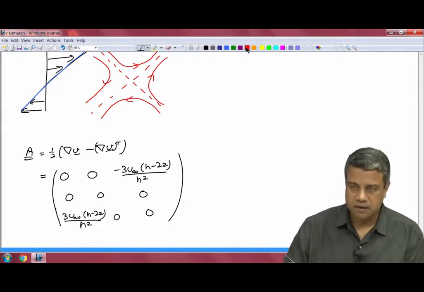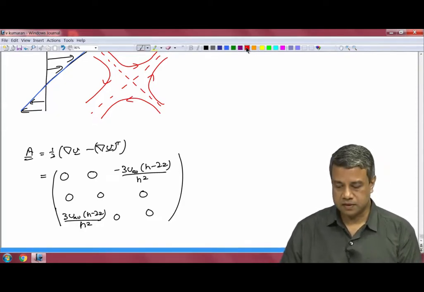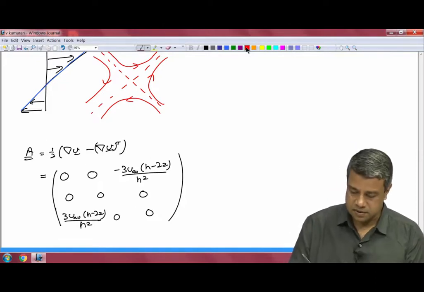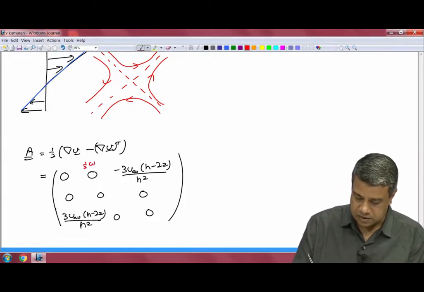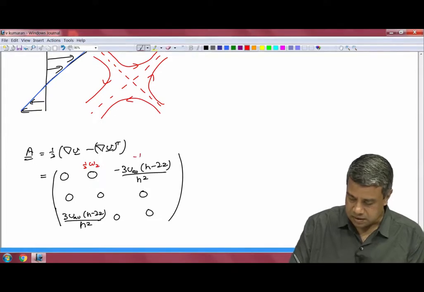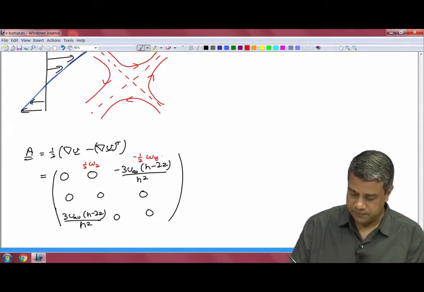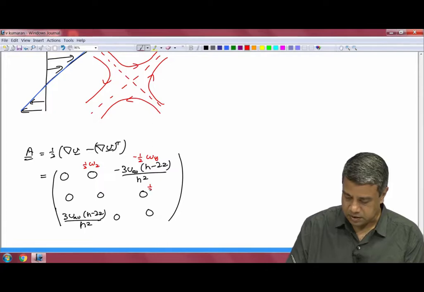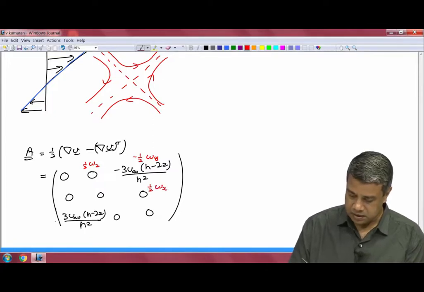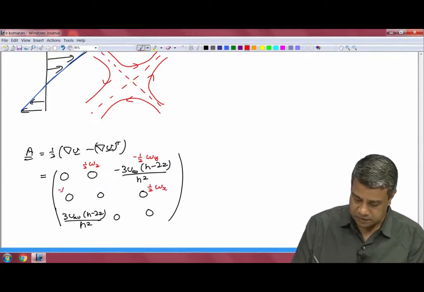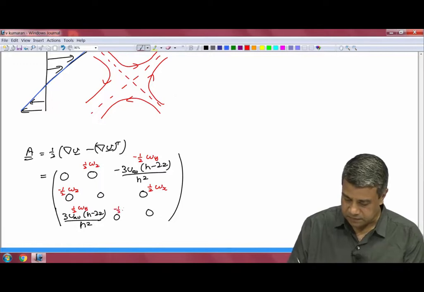Note that we had identified this in terms of the components of the vorticity vector. This was equal to half omega z, this was equal to minus half omega y, this was equal to half omega x, this was equal to minus half omega z, this was equal to half omega y, this was minus half omega x.